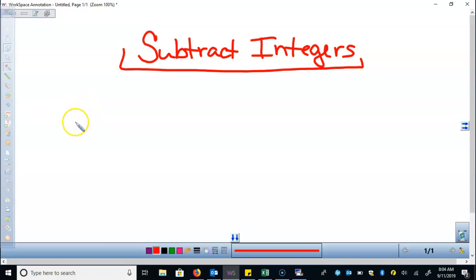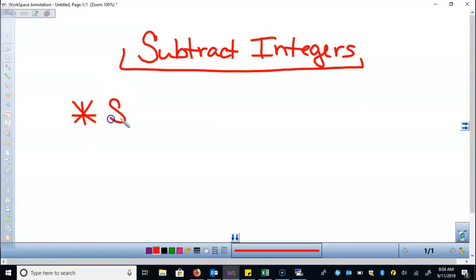You want to know the great news? It's very similar to adding integers. The only thing is, there's only one thing that changes. Okay? And it goes back into the definition of subtraction.